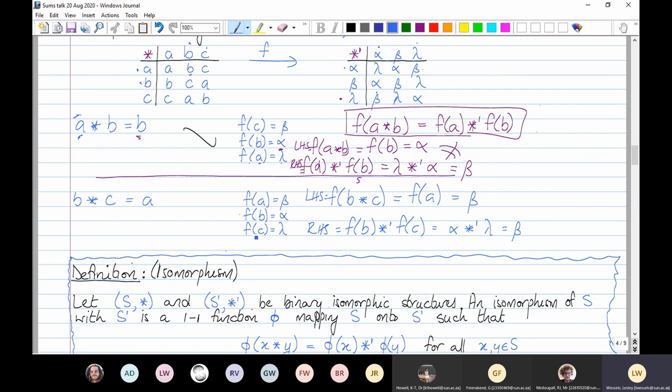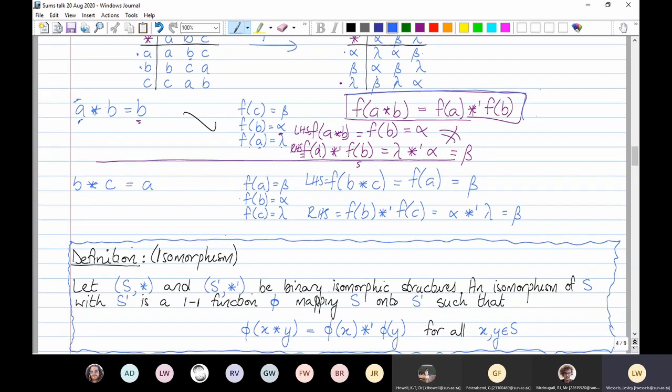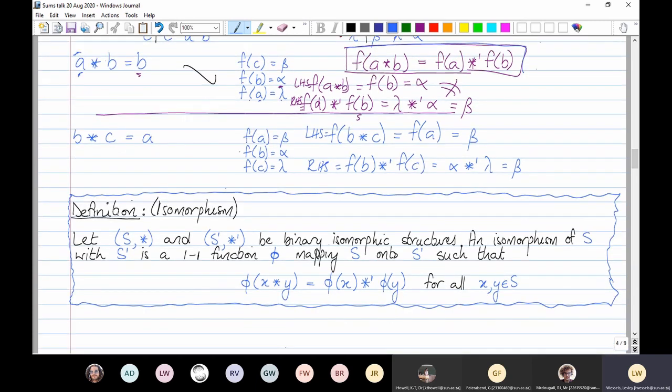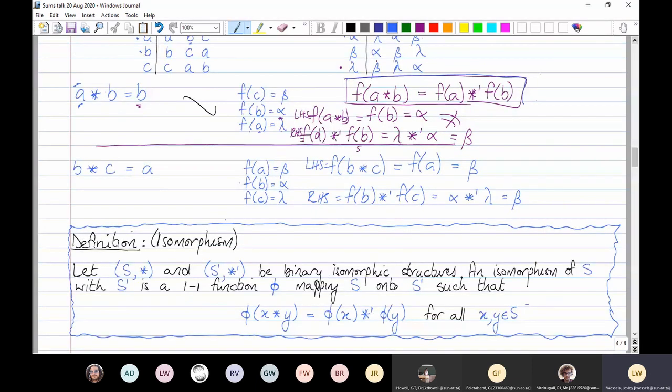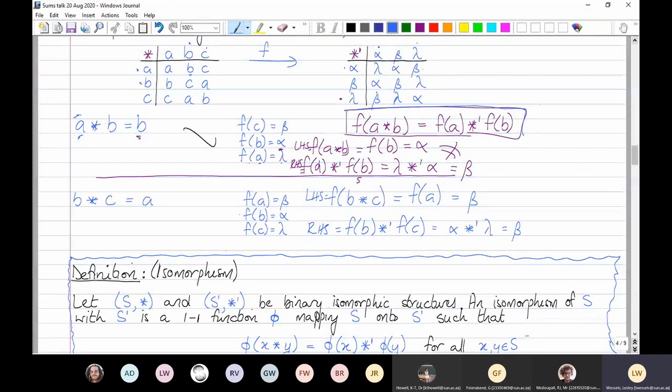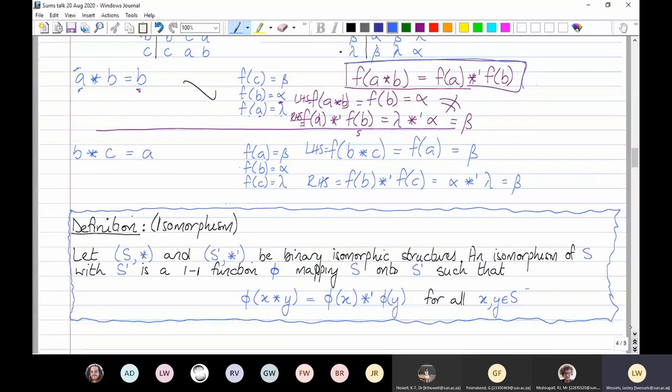So this mapping, where we map A to beta, B to alpha, and C to lambda, satisfies, or at least preserves, the multiplication. I hope you more or less have an idea of what we mean by isomorphic. You'll also note that we have the same number of elements and basically the same structural properties.